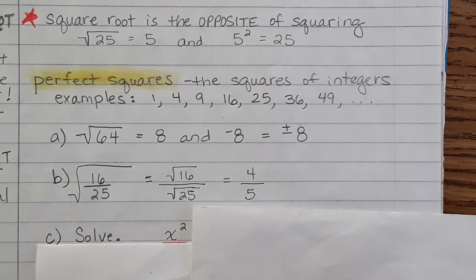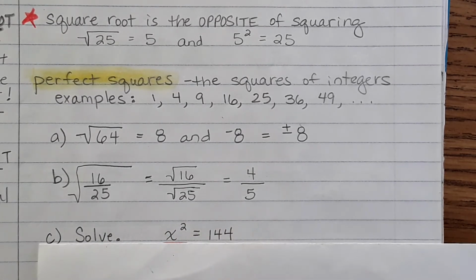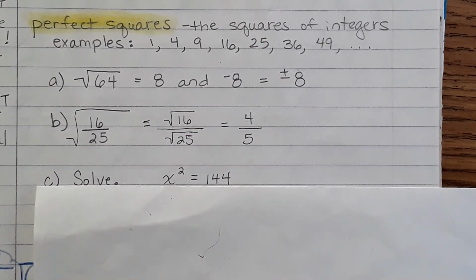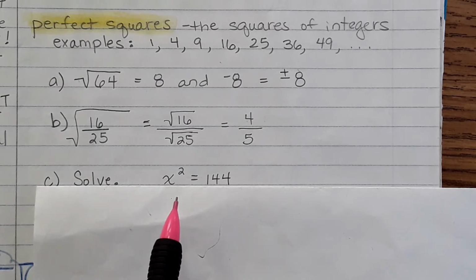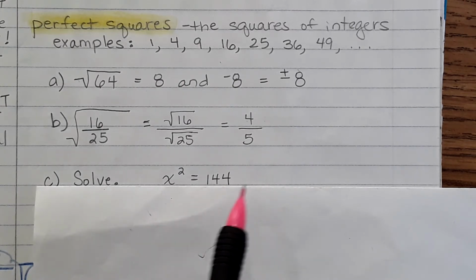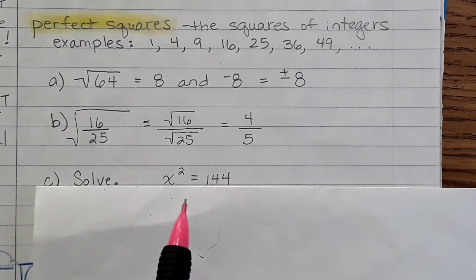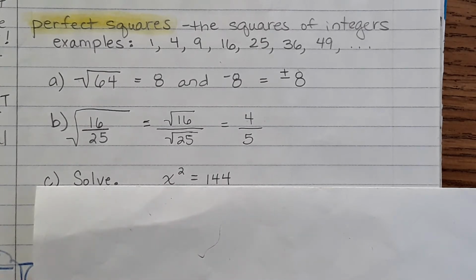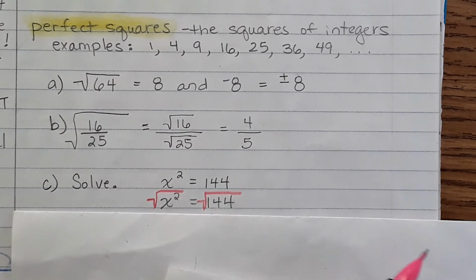Let's look at solving an equation. If we had the problem x squared equals 144, remember the goal is to isolate the variable, get the variable x all by itself. So in doing that, the inverse or opposite of squaring is square root. I would have to take the square root of both sides.